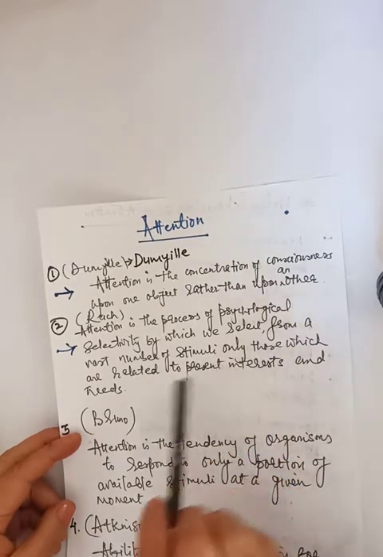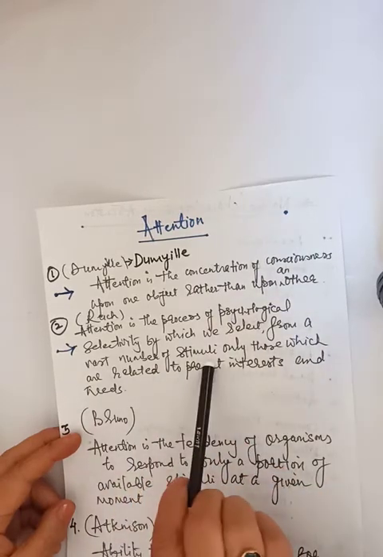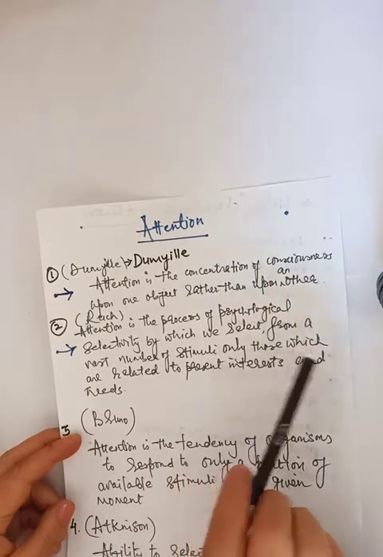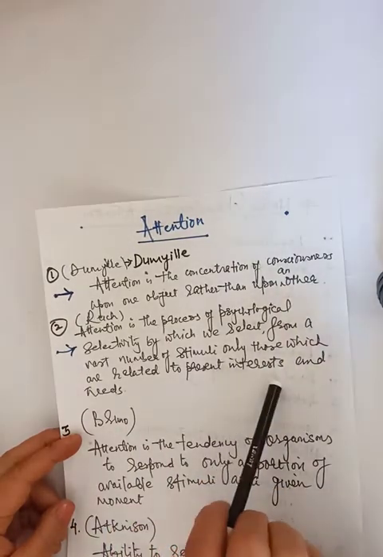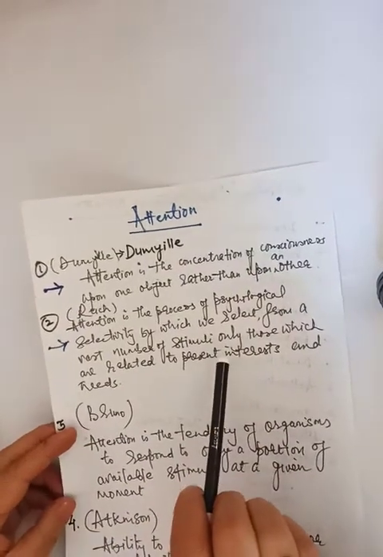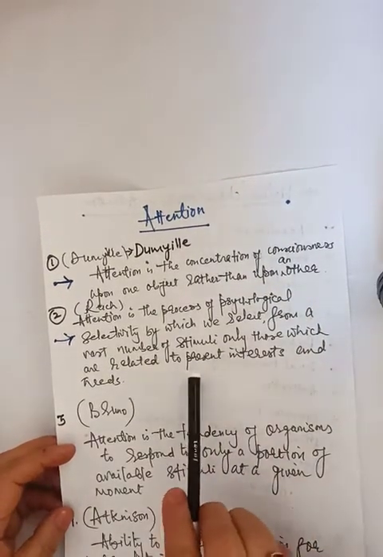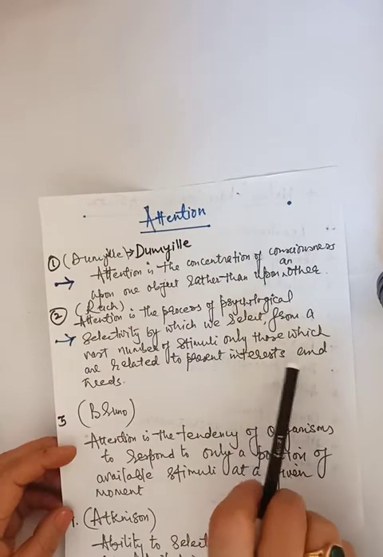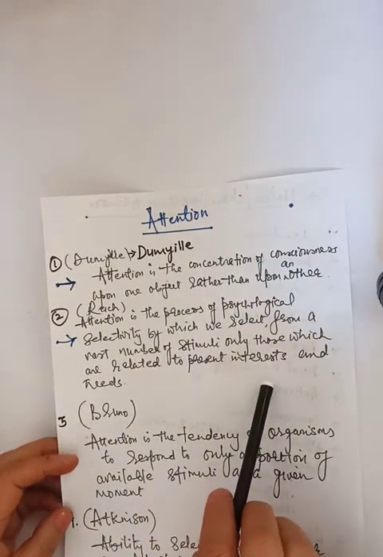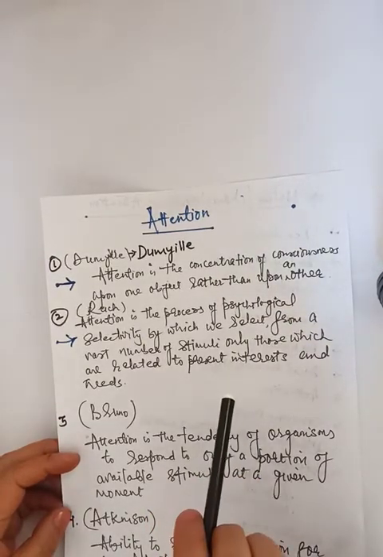What do we select? Only those out of a vast number of stimuli around us which are related to present interests and needs. Only those stimuli we select to focus on which are related to our present interests and needs. Those which are of our interest, which are fulfilling our needs, so we select only those.